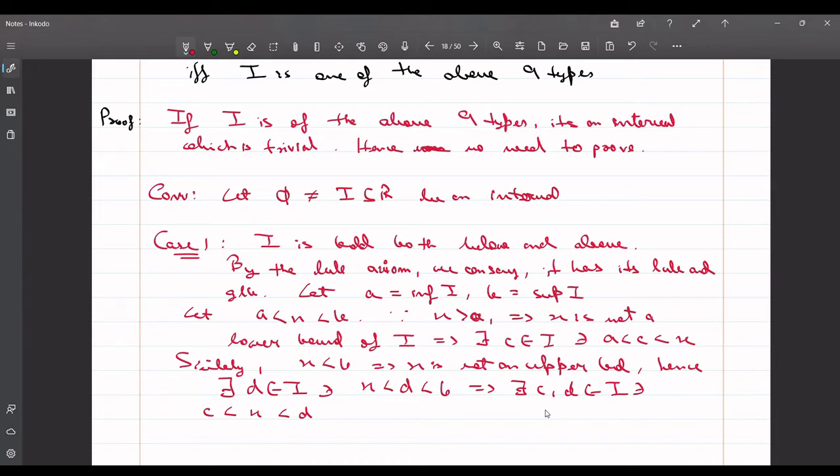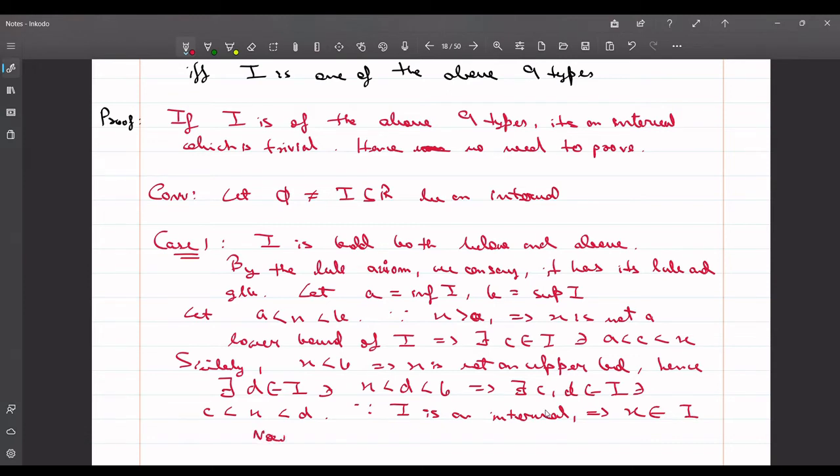Now see, I was chosen to be an interval. Since I is an interval, and C and D are contained in I, every element between C and D will also be contained in I. So X must be contained in I.